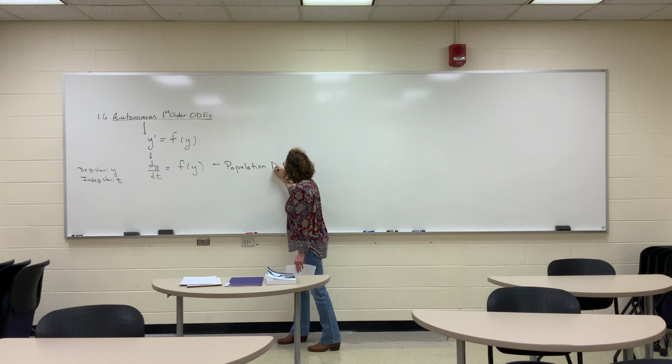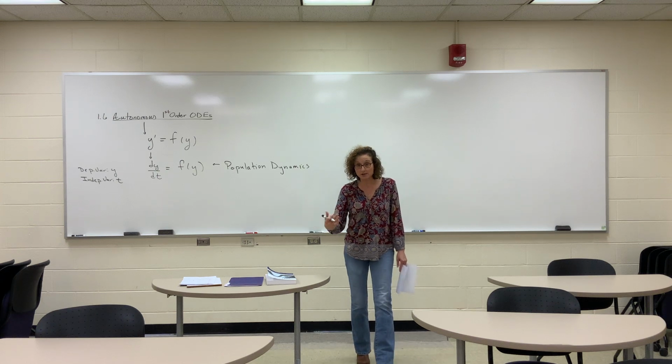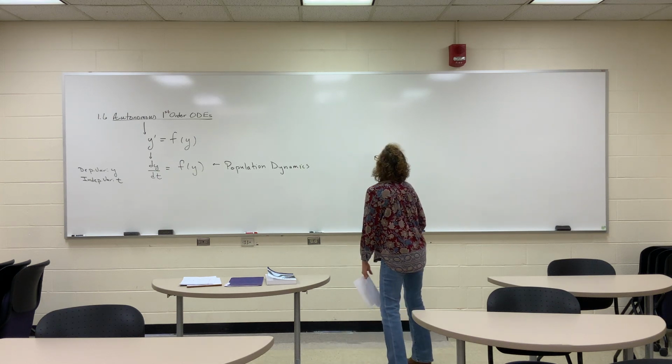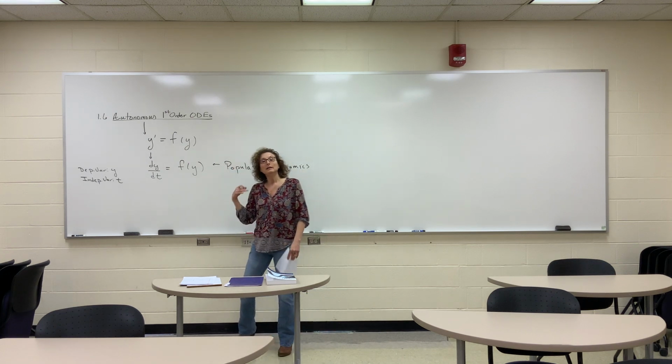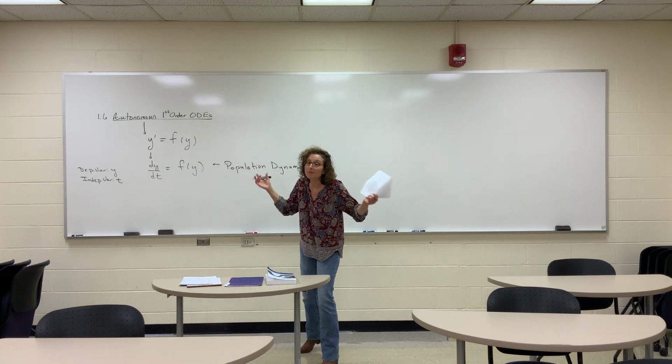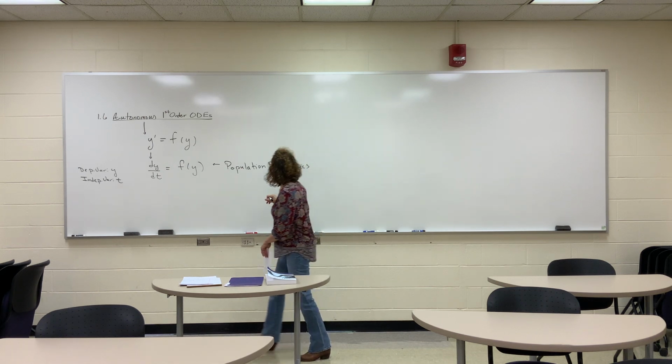Dynamics of a population. Dynamics just means change, right? How populations change, okay? And so y of t would be the number of individuals in that population at any time t.